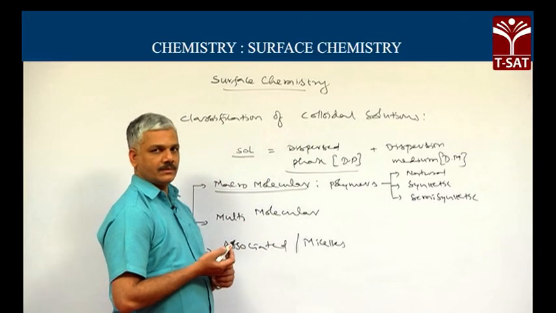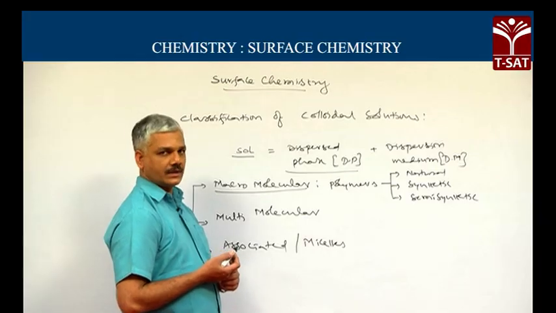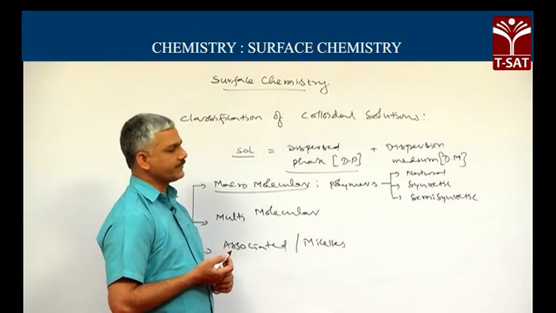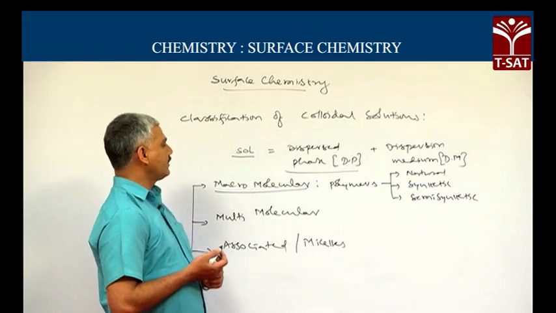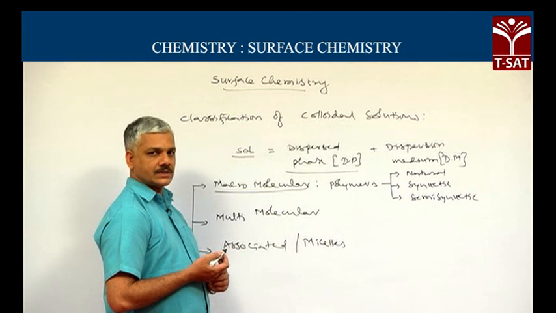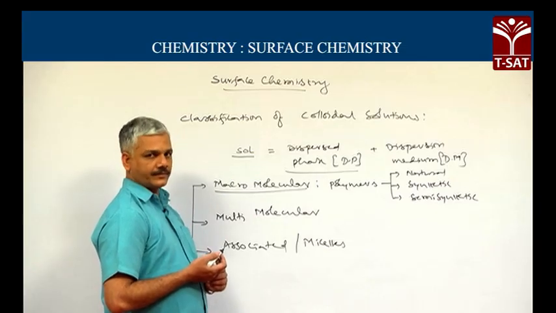Examples for natural polymers are colloidal solutions prepared by dissolving carbohydrates like starch in water. For synthetic macromolecular colloidal solutions, we can take suspensions of polythene, whereas for semi-synthetic we can take nylon.